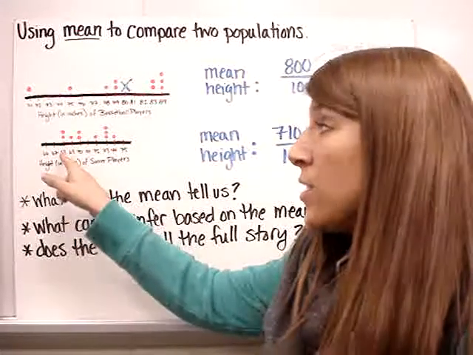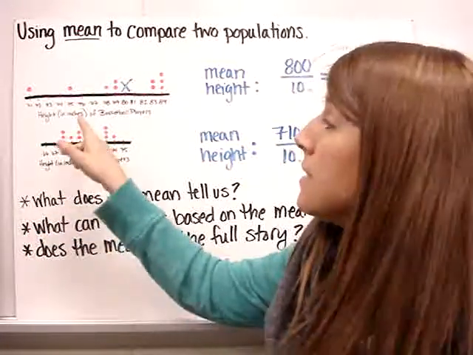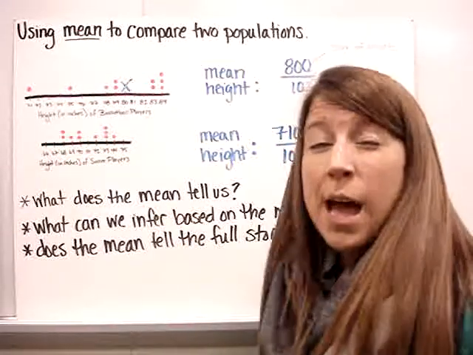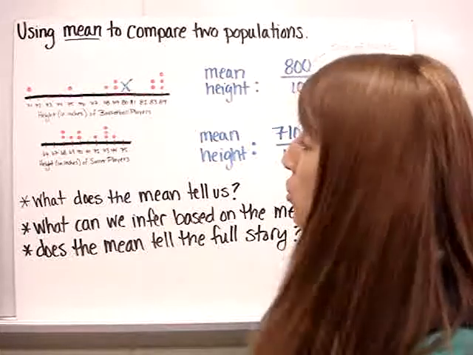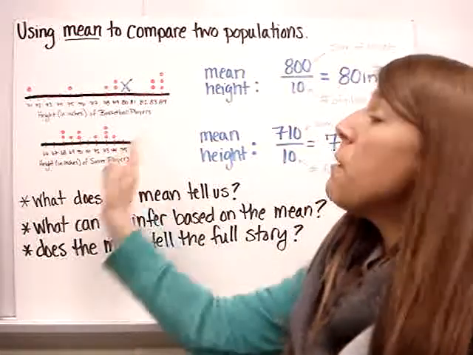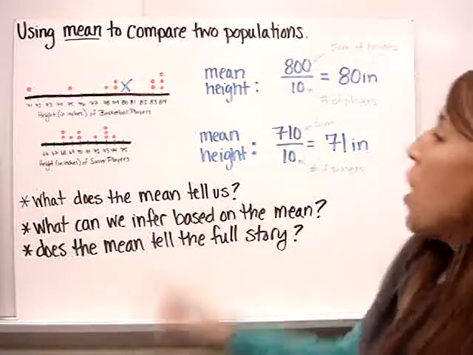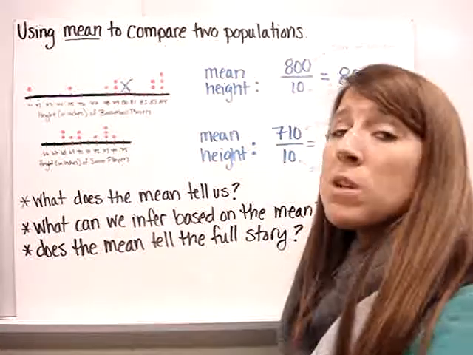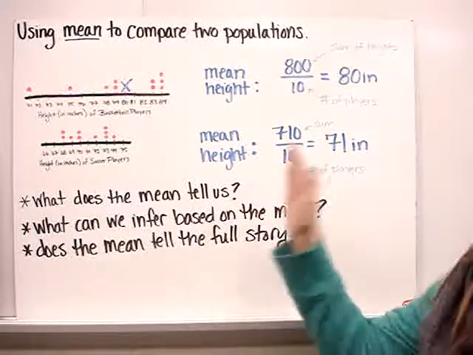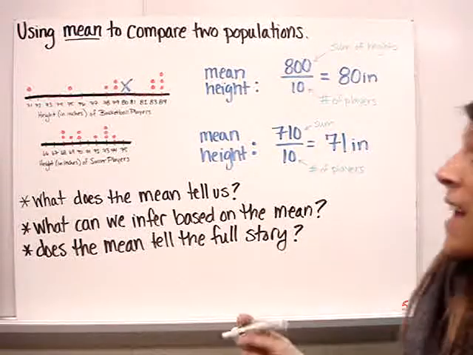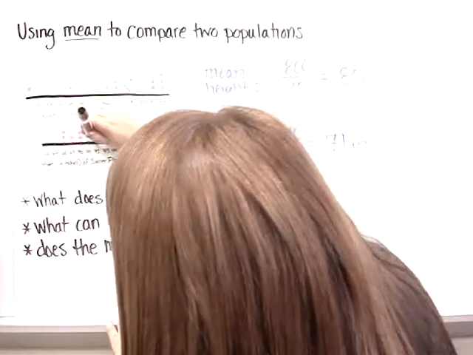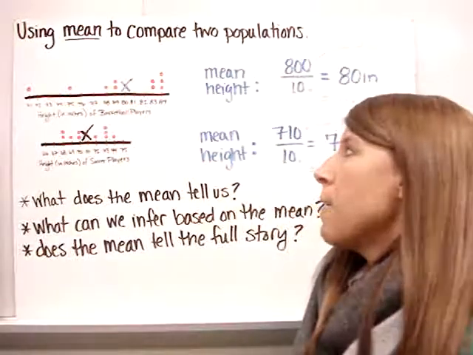I would add 68 twice, 69 once, 70 twice, 72 once, 73 3 times, because 3 players are 73 inches tall, and 74 once. The sum of all of those heights is 710 inches. And again, just like with the basketball team, there were 10 players, so I divide by 10, and the average height of a soccer player on this particular team is 71 inches, which I can note right there.